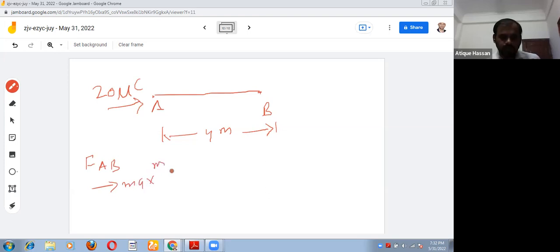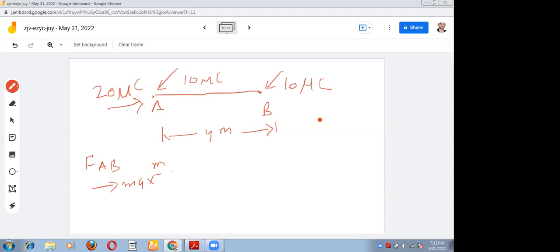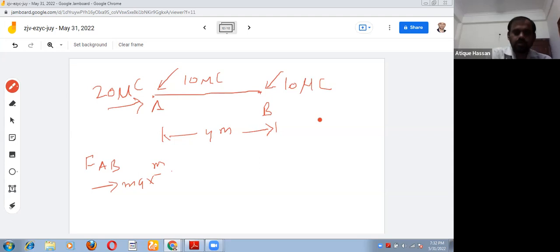What will you do? You will give 10 microcoulomb charge on A and you will give 10 microcoulomb charge on B. Got it? So this is the concept I wanted you to learn.